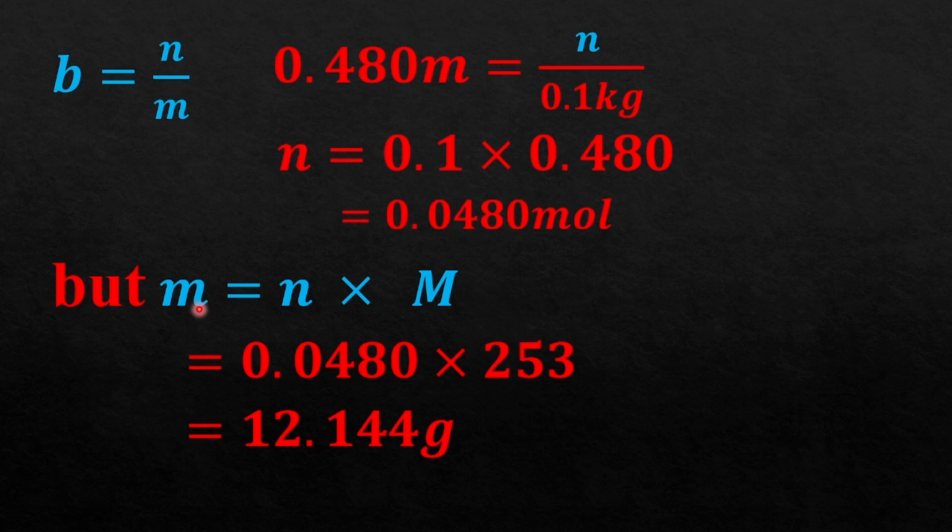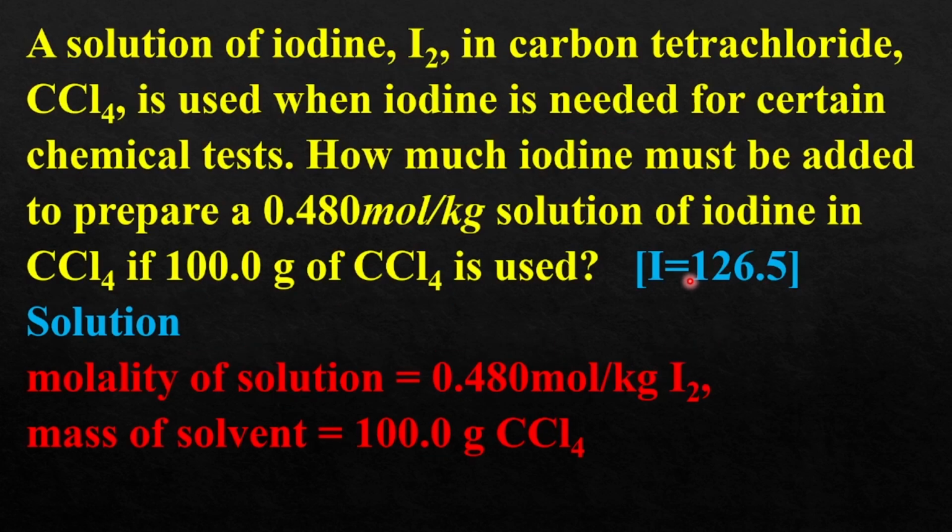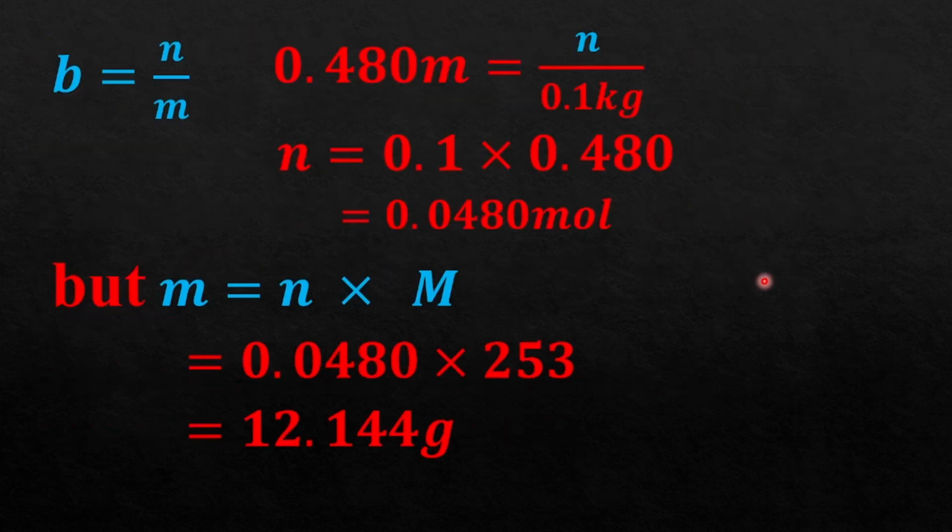But we also know that mass is equal to n times big M. So the n here obtained times the molar mass here. How did we get 253? Now let's go back. Iodine was giving us 126.5, but iodine is I2, so that figure times 2 will give you 253. And finally we have 12.144 grams as the answer.